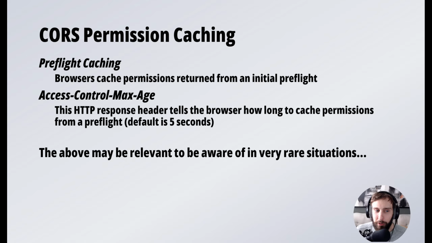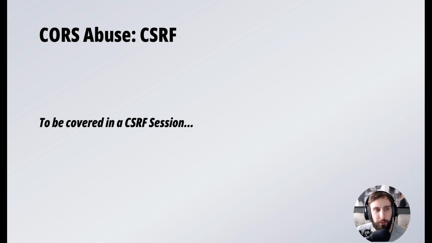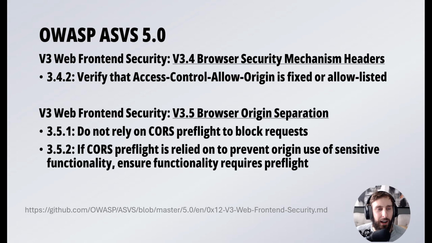I think in general, it's rarely likely to be a concern, but it's nevertheless worth knowing about. Now, just as in the last session, there are elements of cross-origin resource sharing that very much apply to cross-site request forgery and related attacks, and we will not have time to cover that in this session. So that will, again, be in a dedicated CSRF session.